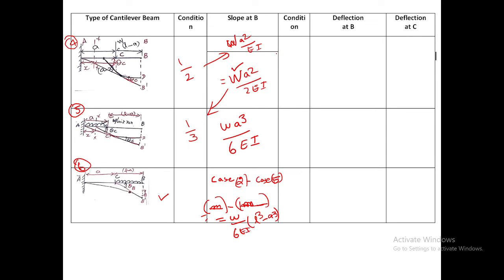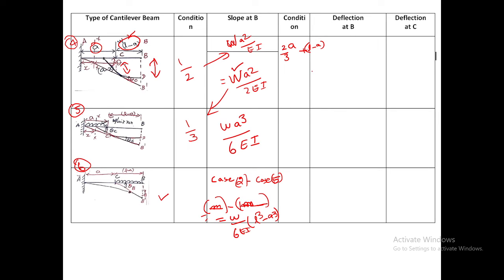1 by 2 completed. So 2 by 3, A up to point W, and here L minus A. Here there are two deflections: at point C is deflection 1, and at point B is another deflection, so both are not equal.